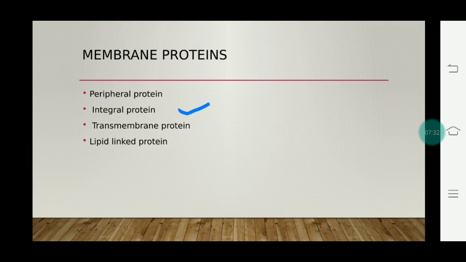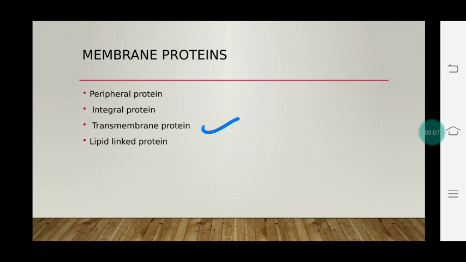Integral membrane proteins are mostly transmembrane proteins, which have one or more segments that are embedded in the phospholipid bilayer. Transmembrane proteins contain non-polar amino acid residues with hydrophobic side chains that interact with the fatty acyl groups of the membrane phospholipids, thus anchoring the protein to the membrane.